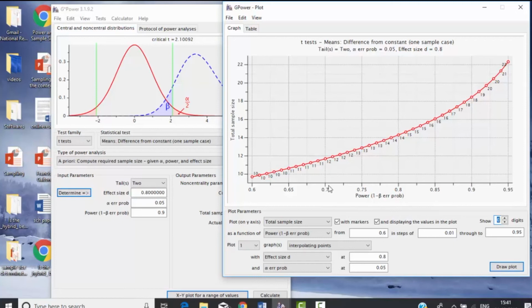If you have a sample of only 12, you can see here total sample size 12, you will have a power of only 0.7. Suppose your budget is only for testing 10 samples, you will be left with only 0.7 power.